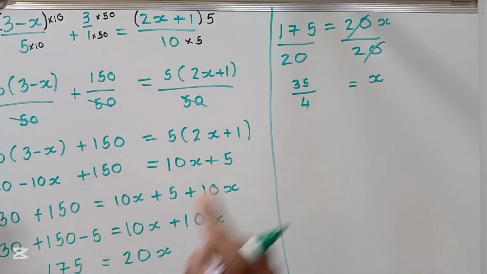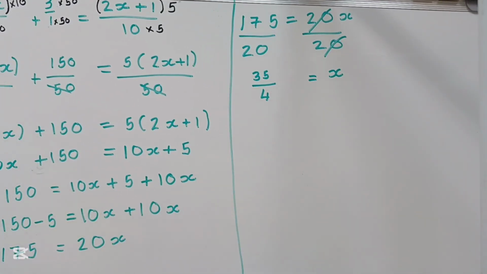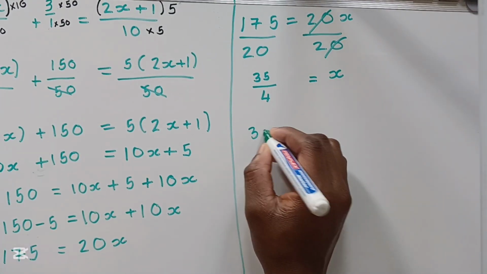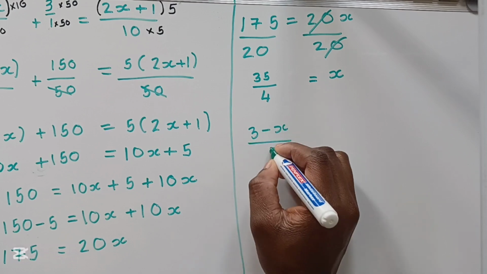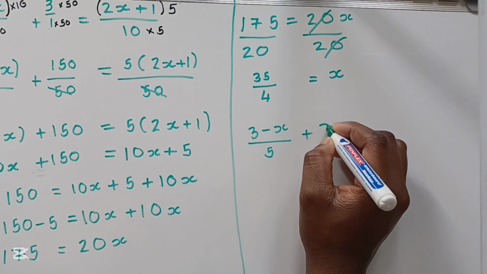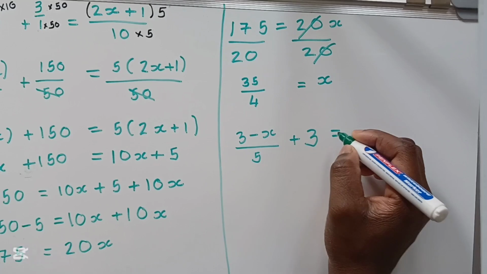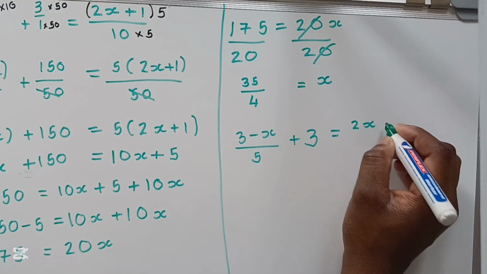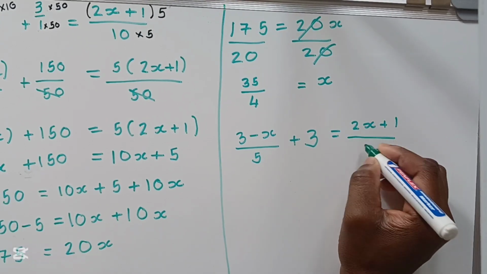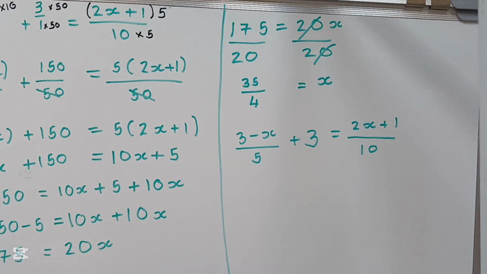So if you want to verify if x is indeed 35 over 4, where this x, you put 35 over 4 in the original equation, which was 3 minus x over 5 plus 3 equals to 2x plus 1 over 10. So just substitute this 35 over 4 where there's x.